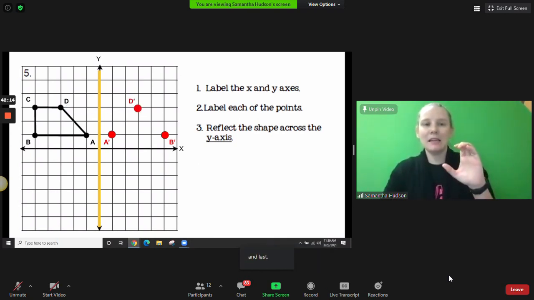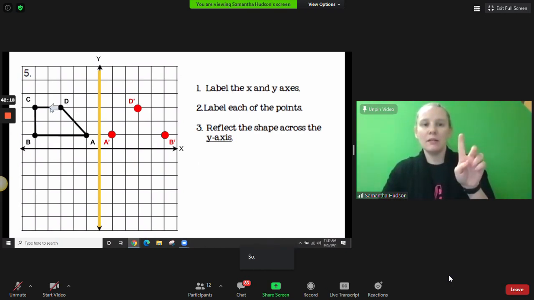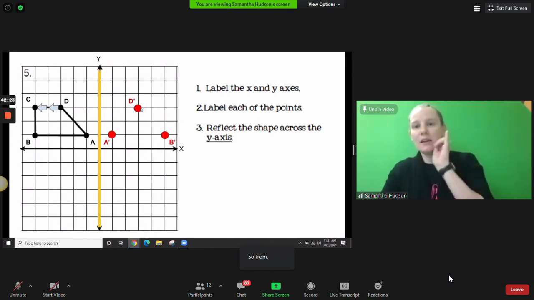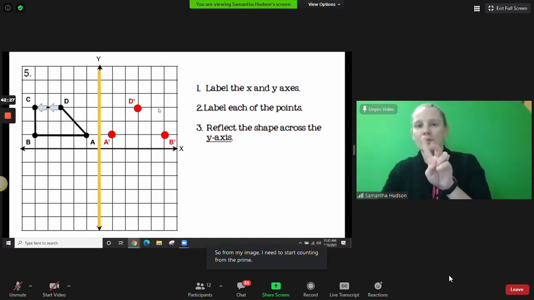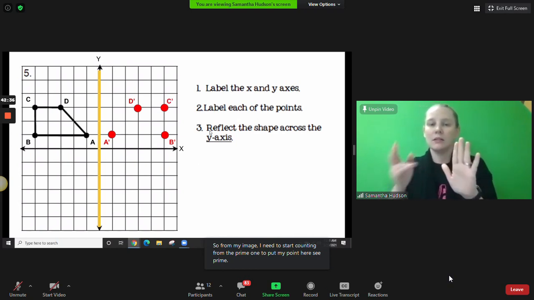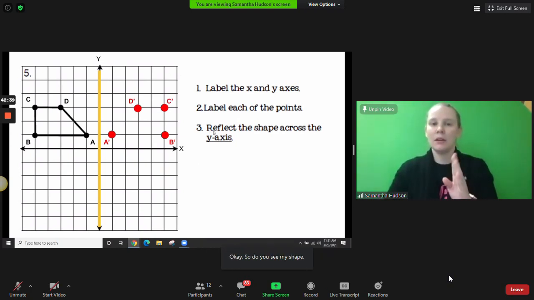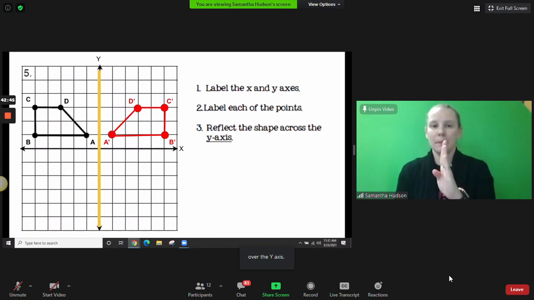And last is C. I'm going to start counting from D. So 1, 2. So from my image, I need to start counting from D prime. 1, 2. Put my point. Here's C prime. Okay, so do you see my shape? It flipped over the y-axis.